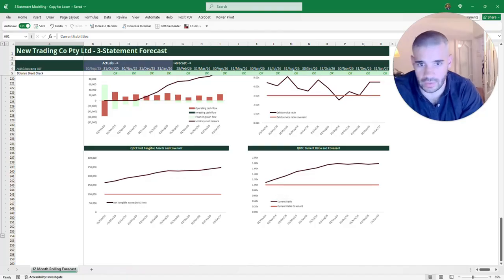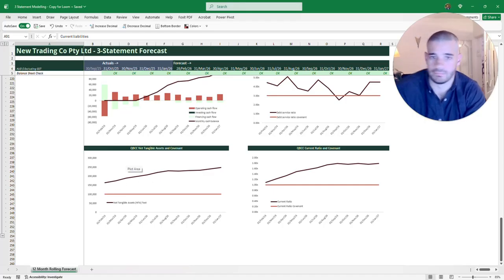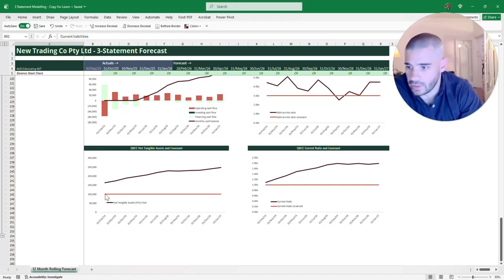The other thing the QBCC is concerned with is what's called a net tangible assets test, and that's essentially saying we've got enough assets on our balance sheet to support our revenues. So if we've got a business that's turning over $2 million, say, we need to maintain a certain amount of assets on our balance sheet, net of any debts and liabilities.